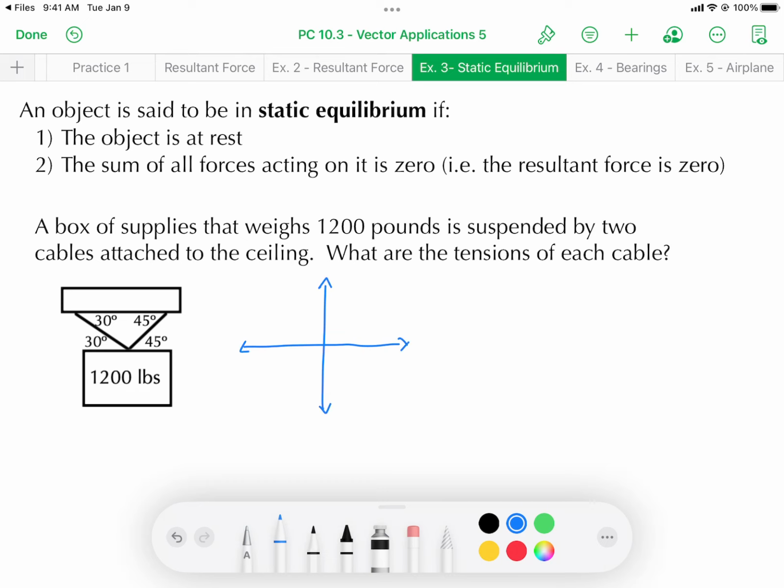All right, so the first force vector is going to be from the right cable, and I'm going to call that vector F sub 1. With respect to the positive x-axis, the angle is 45 degrees.